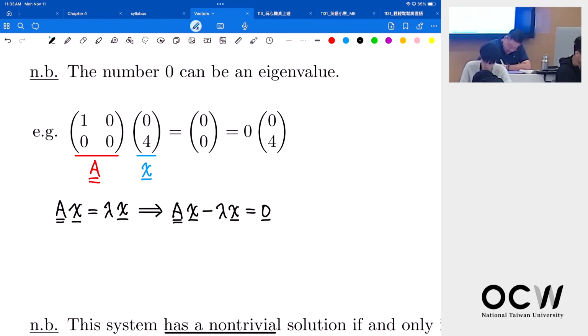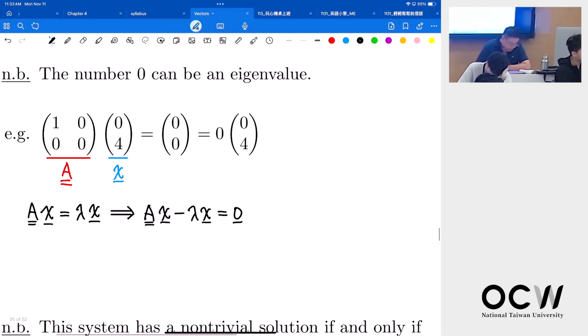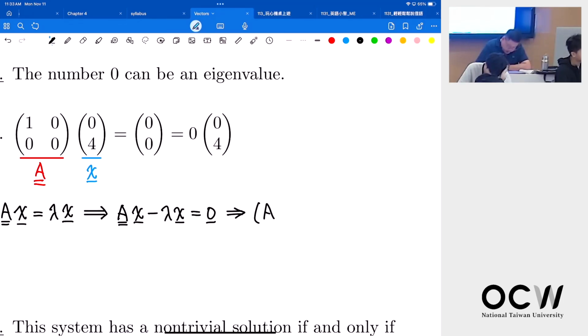Here 0 is a zero vector, okay, it's not just a scalar 0. So you could rearrange that: A minus lambda I, where I is the identity matrix, times x is a zero vector.